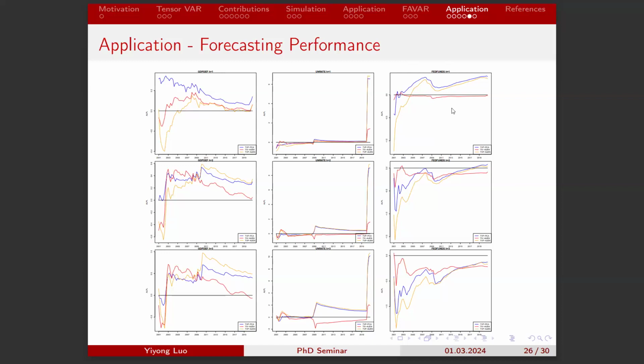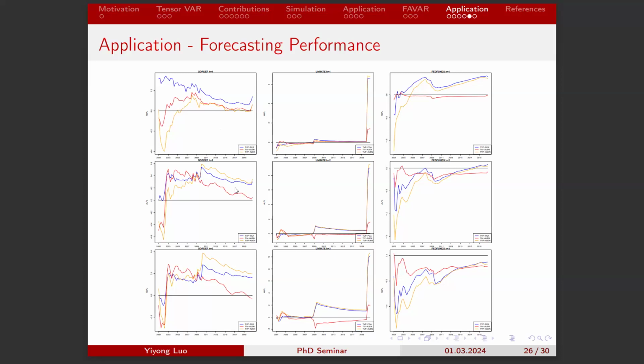Each column is one variable and each row is a horizon. Here is the third horizon, which is the highest one we have. You can see the benchmark is the one without any nonlinearity, the time-invariant model with PCA.